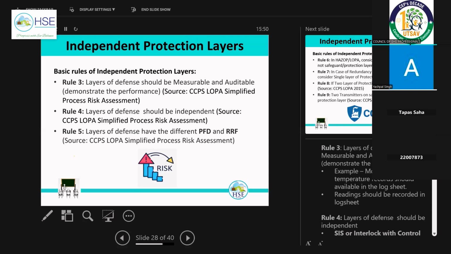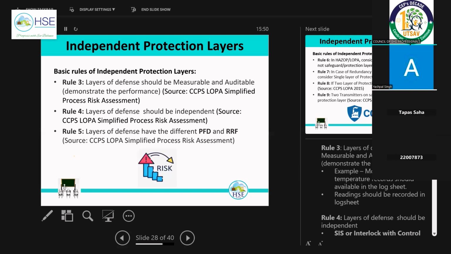Initially we take F1, which means once in 10 years. Now, because of the introduction of this control system, the probability of failure will be 1 in 100 years. So one layer will increase. We can take credit of one layer and F1 will change to F2. F2 means once in 100 years. F1 is once in 10 years.